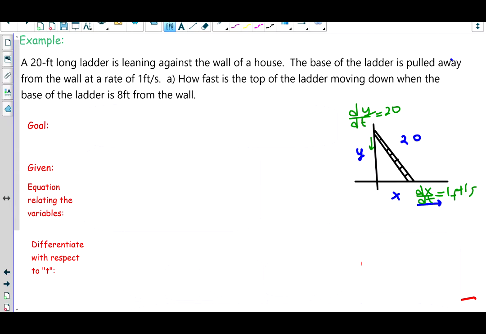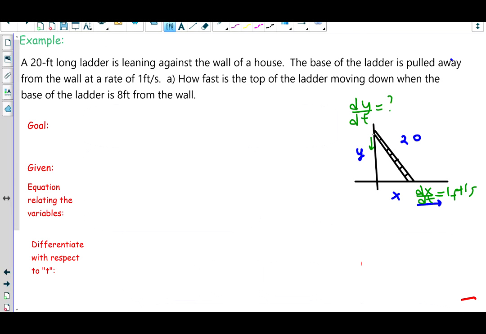Okay? So the goal is, how fast is the top of the ladder moving? Let's see. Why did I write that there? Interesting. Okay, so the length of the ladder is 20. Sorry about that. So the question is, what is dy dt? That was the unknown.